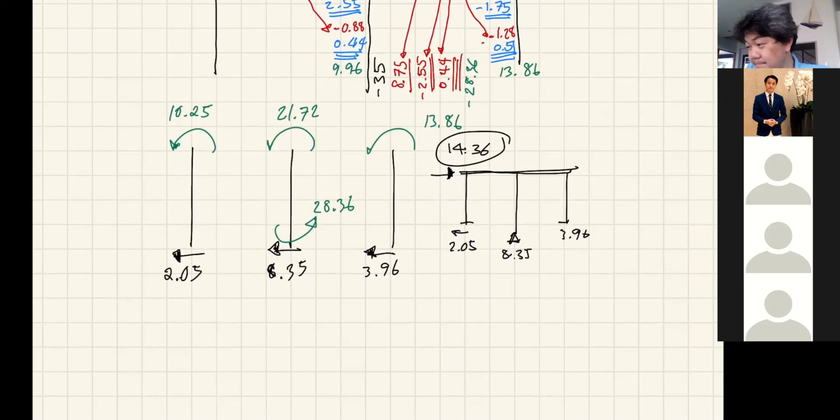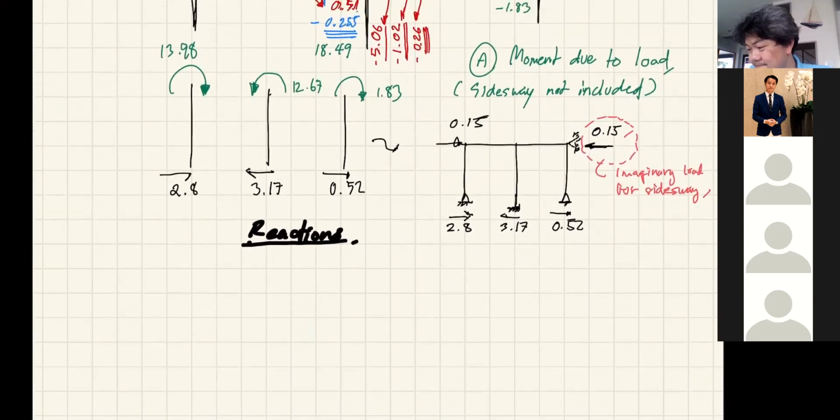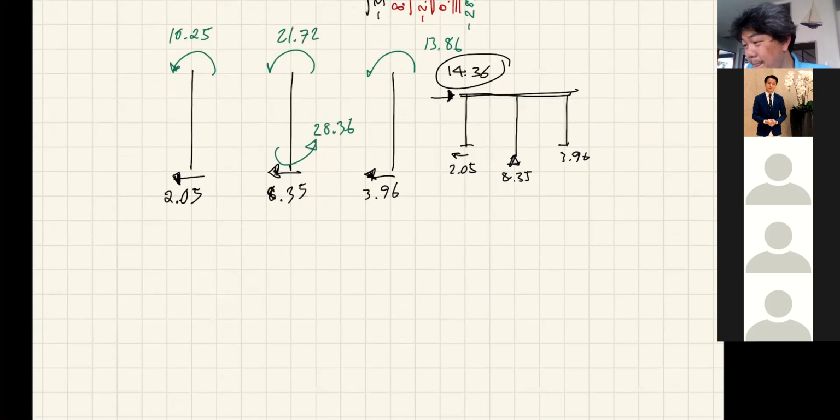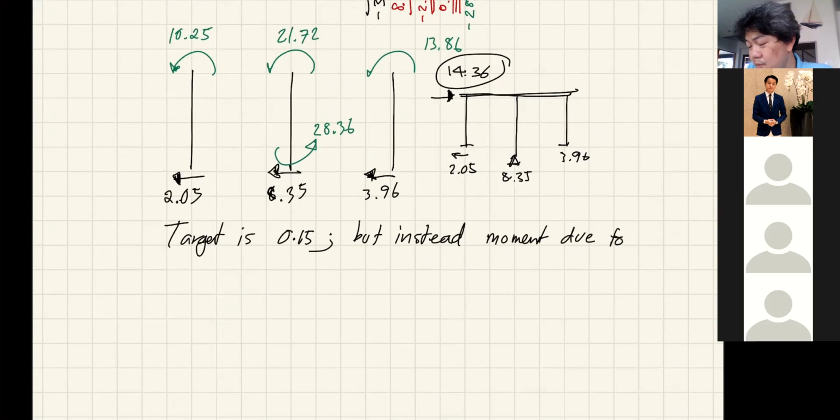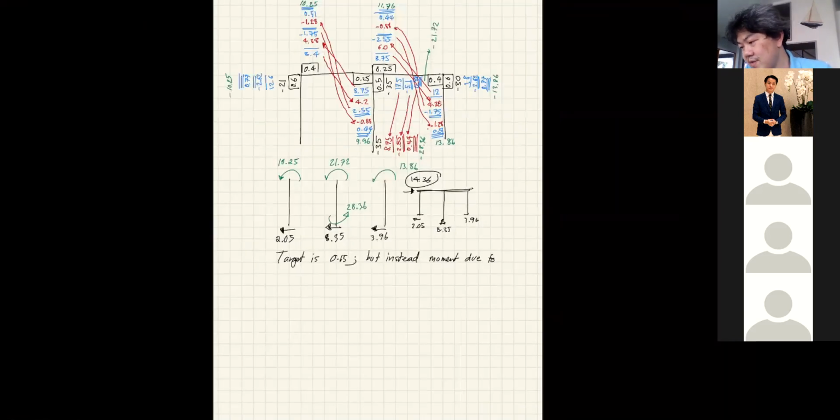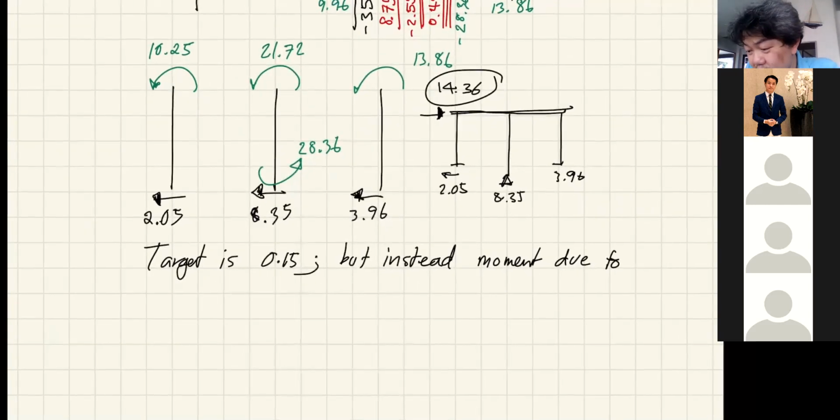So that means, let's say target is 0.15, but instead the moment due to sideway, 14.36 tons is obtained.